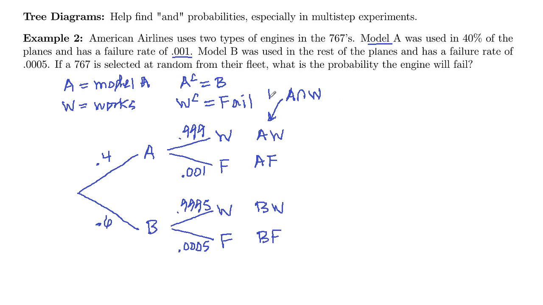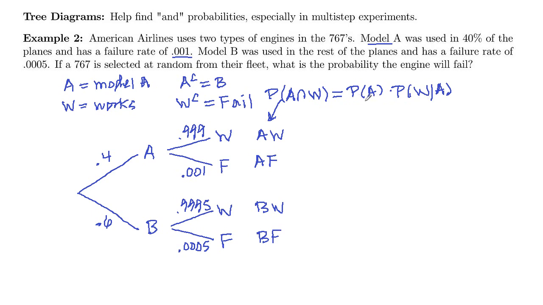And to find that probability it's an A engine and it works, we can multiply the probability that it's an A engine times the probability that it works given that it's an A engine. That's the multiplication rule.